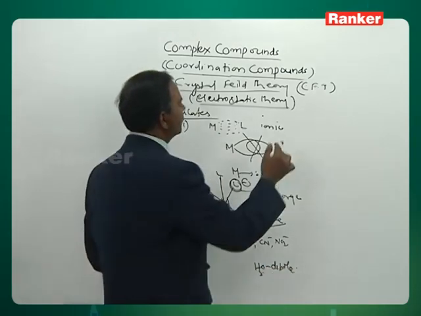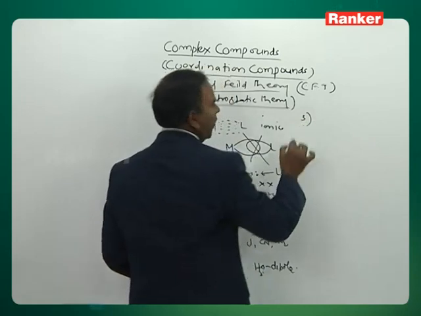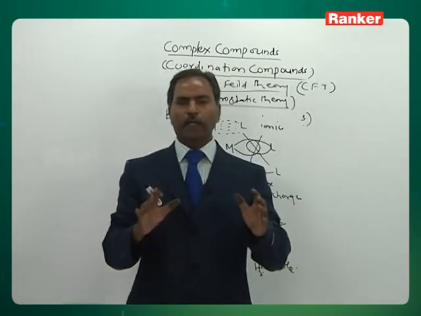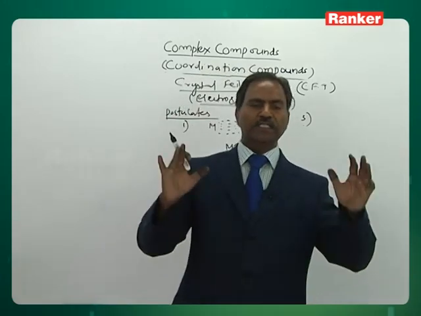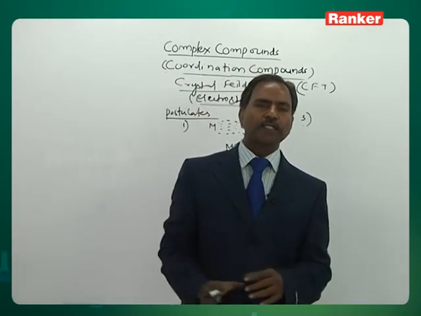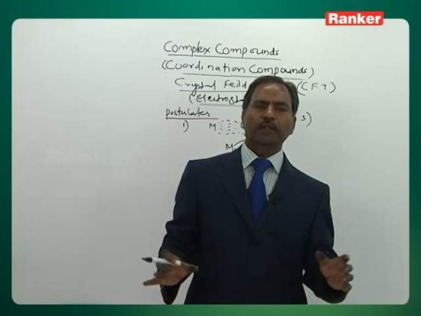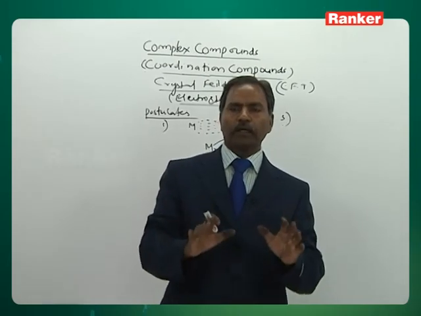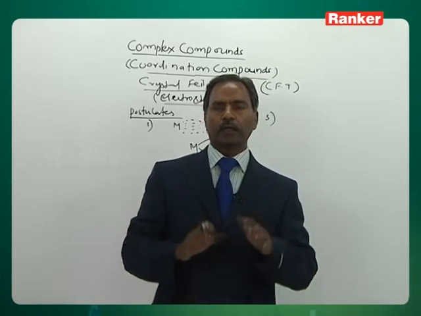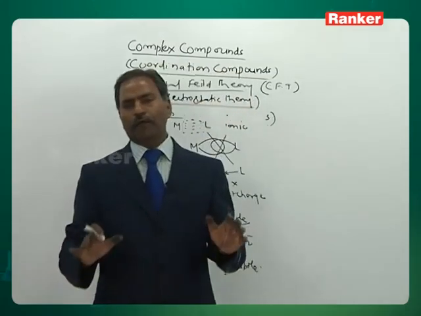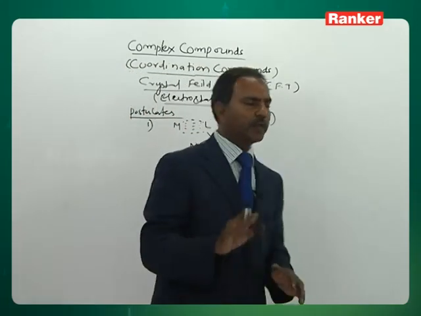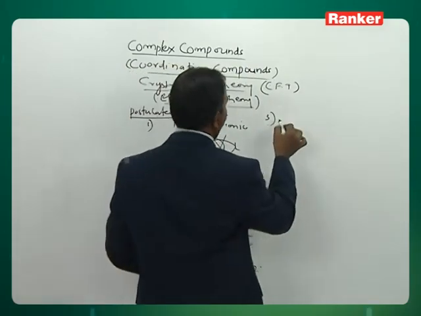Next, under the influence of different field strengths of the ligands, some of the ligands are weak field ligands, some are strong field ligands, and based on these field strengths the 5 d orbitals split into different energy levels.